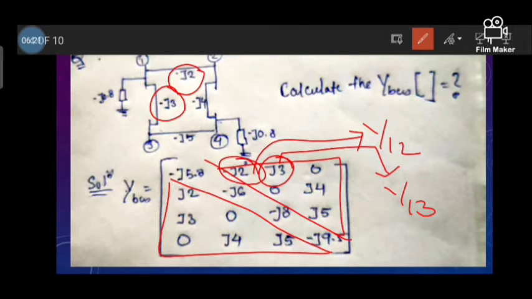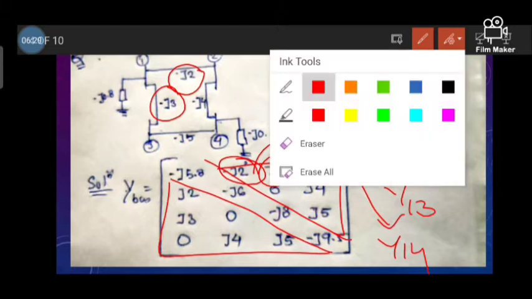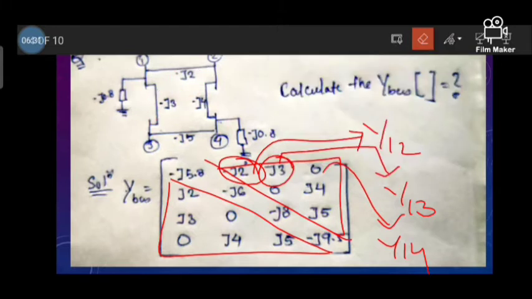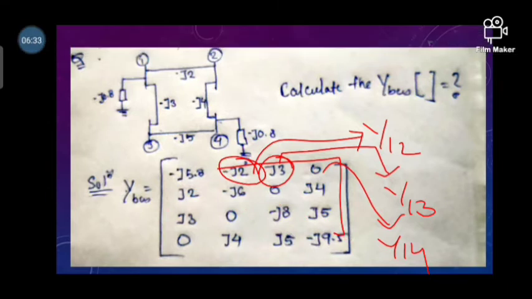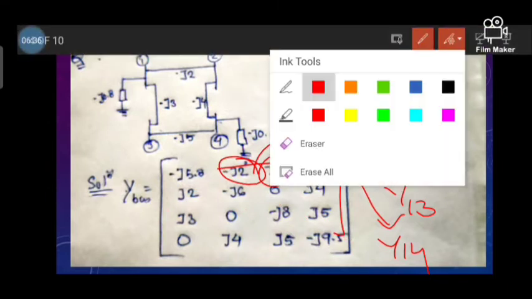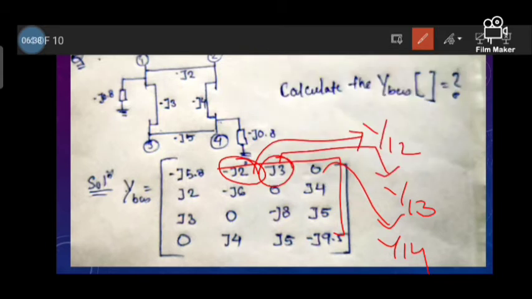And y14: see here, in between bus number 1 and bus number 4, is any admittance connected? No. There is no admittance connected between bus 1 and bus 4, so the admittance is 0. So put 0 here.